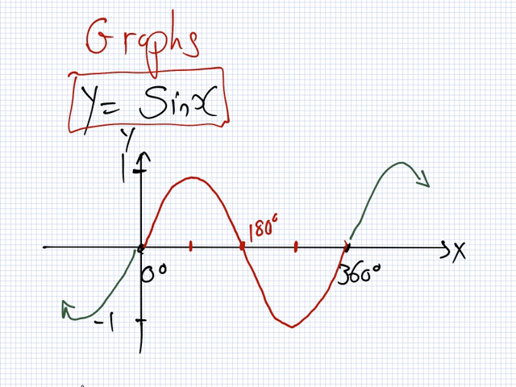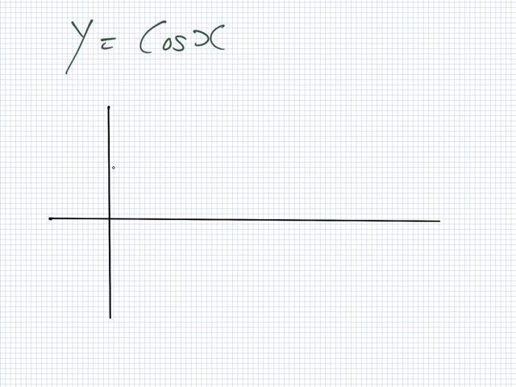Yep, right, so let's have a look at cos x. Again, we go from 0 to 360, and again from 1 to minus 1. But the difference with cos is only where it starts.